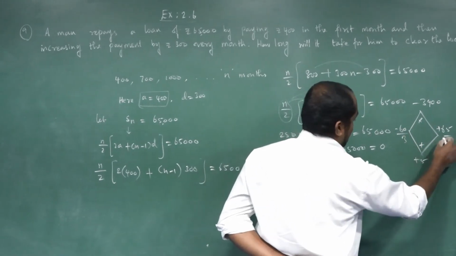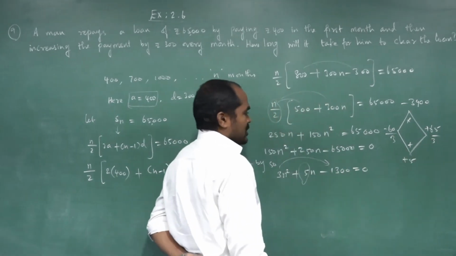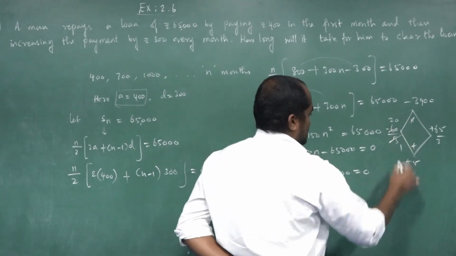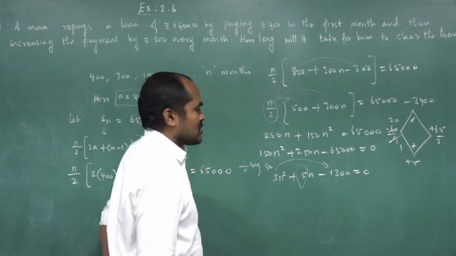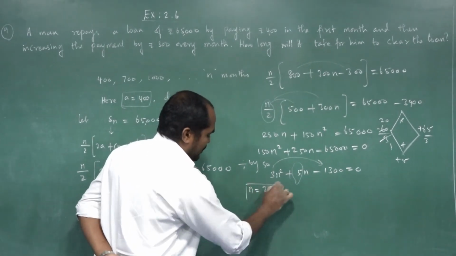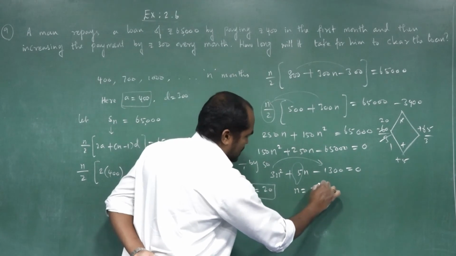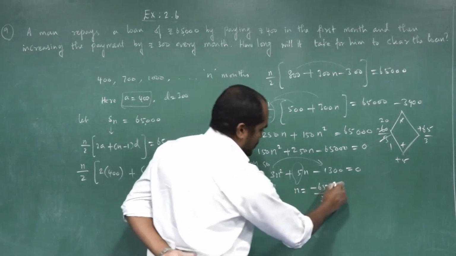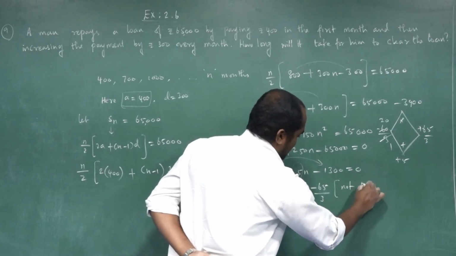Dividing by 3, we get minus 20 and plus 65 by 3. So our answer is n is equal to plus 20 and n is equal to minus 65 by 3. So n cannot be negative, so this is not possible.